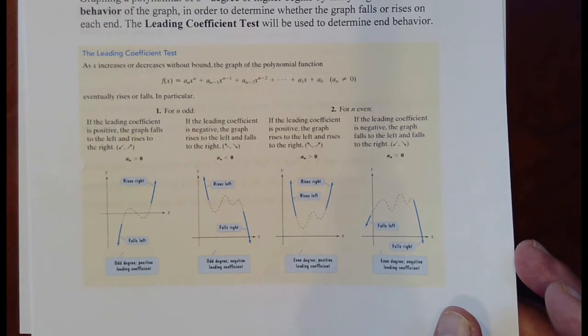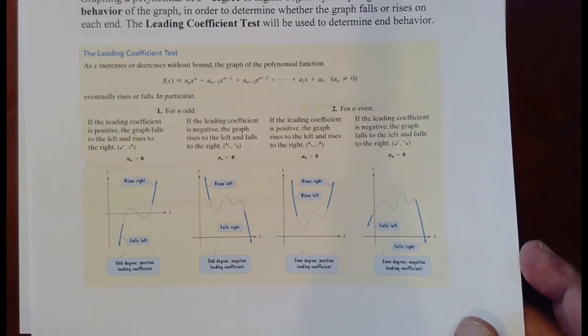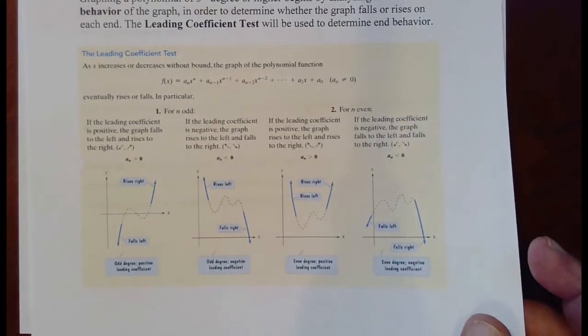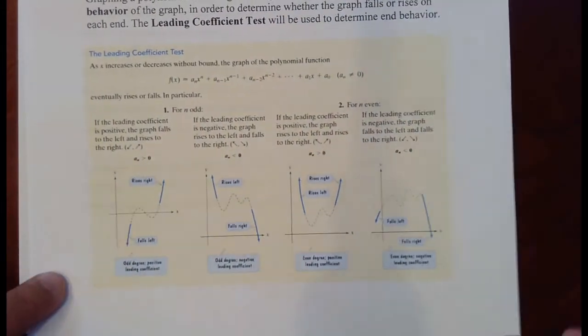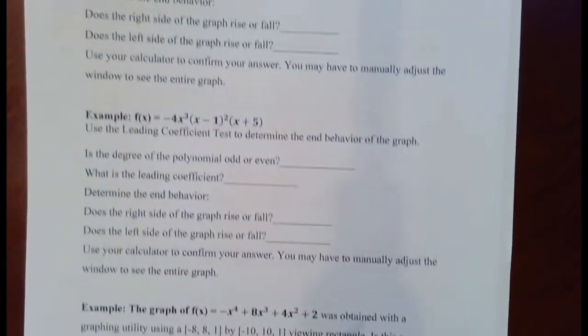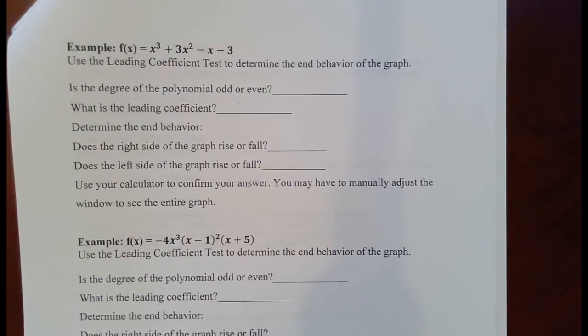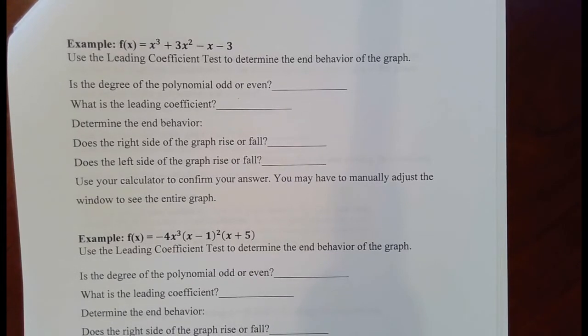Okay, moving to the problems. First, let's just make sure that you understand the leading coefficient test and what that means with respect to the ends of the graph, the end behavior. Okay, so first of all, let's just answer these questions together. Is the degree of this polynomial odd or even?